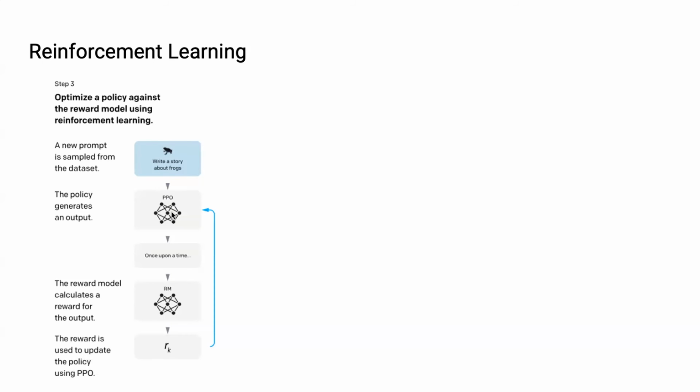You can directly use the instruction fine-tuned model as your policy model, right? That model is already fine-tuned on prompt and desired output pairs.